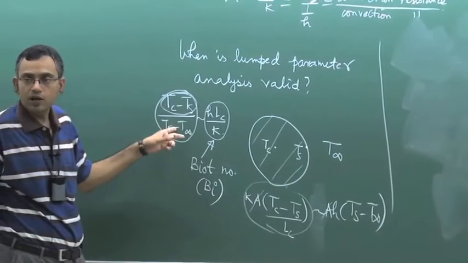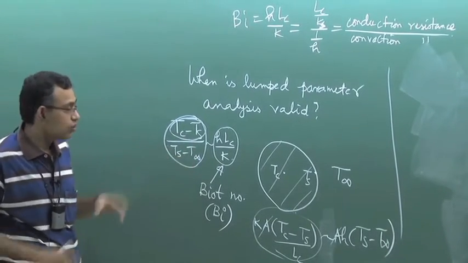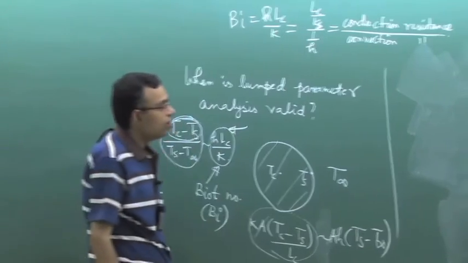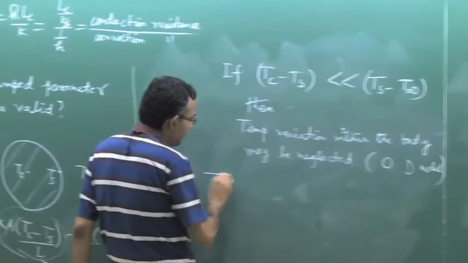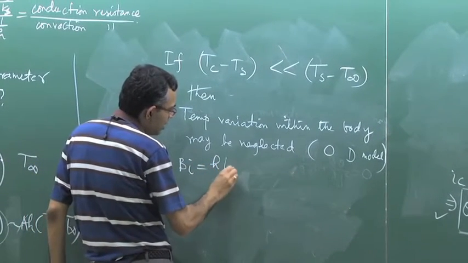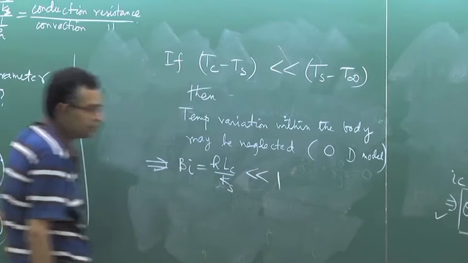See, you cannot check this a priori because you do not know what the temperatures are. You cannot put these values and check. So what you can check is this parameter. So this parameter implies that the Biot number, which is h Lc by k of the solid, is much less than 1.